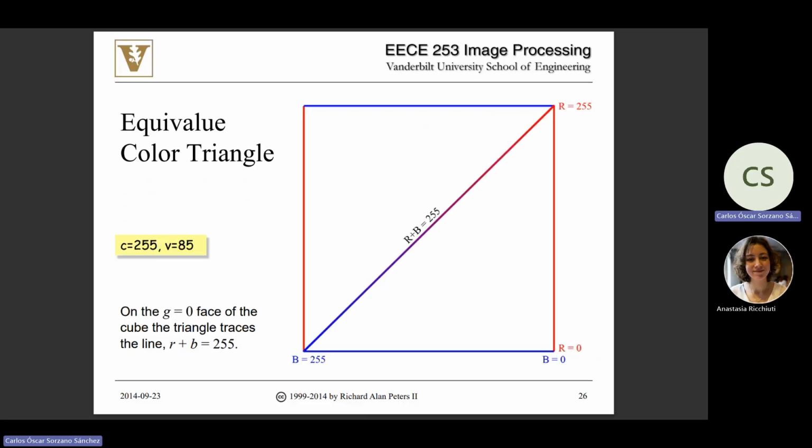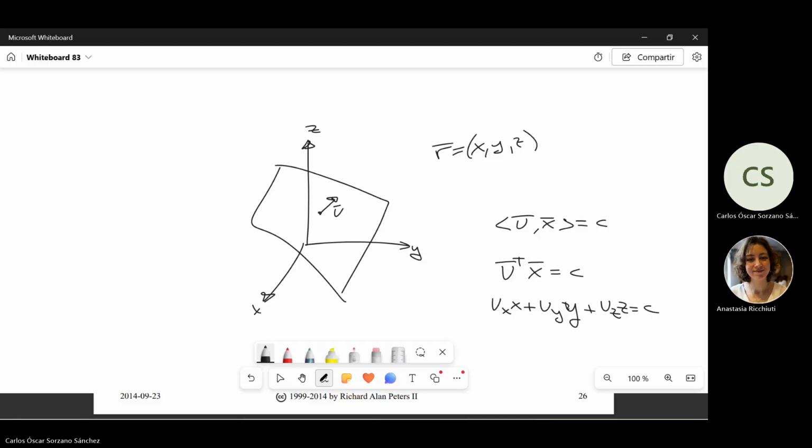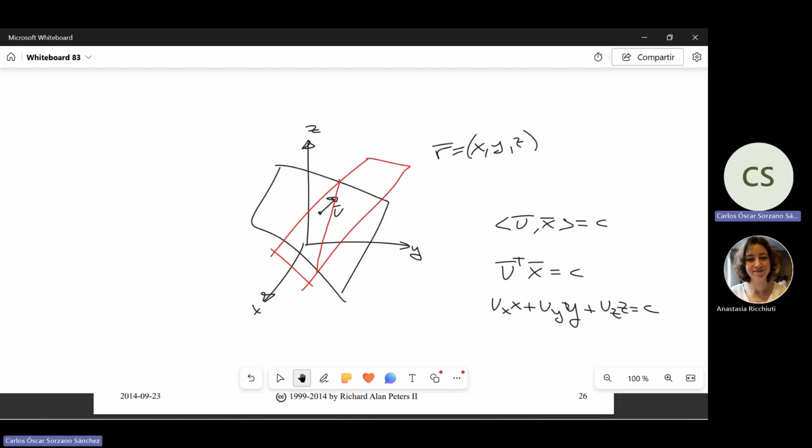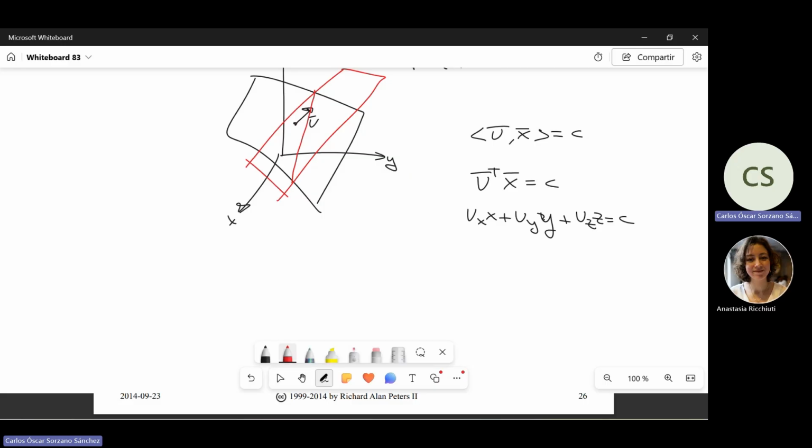So if we now look for R plus G plus B equal 255, but G is 0. If I have the intersection of two planes, so let's draw a second plane here, the intersection of these will be a line. So the intersection of two planes is a line, and that is what we are having here. We are having first the plane R plus G plus B equals 255, and then we have the plane G equals 0.